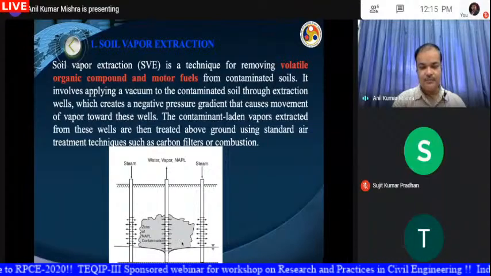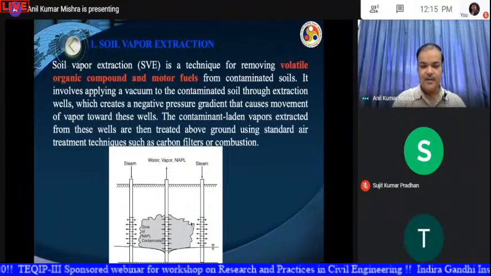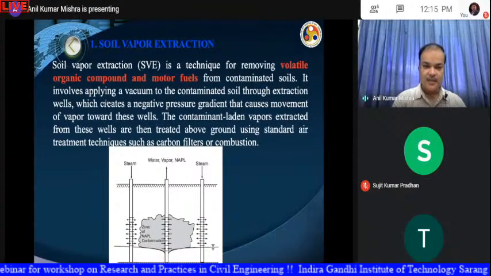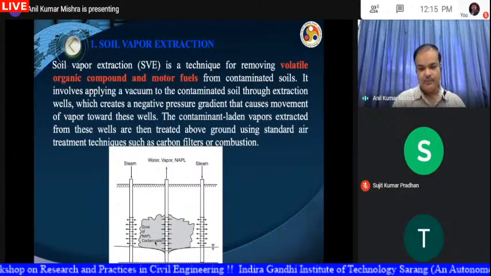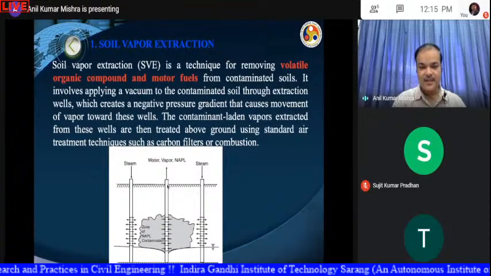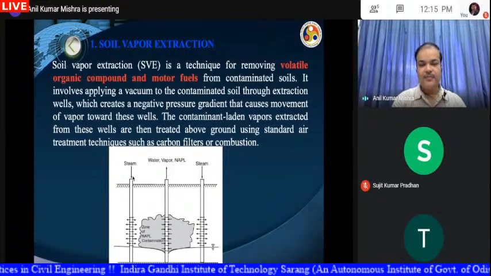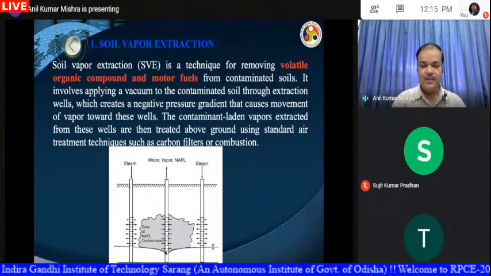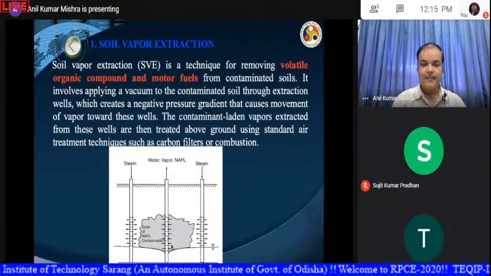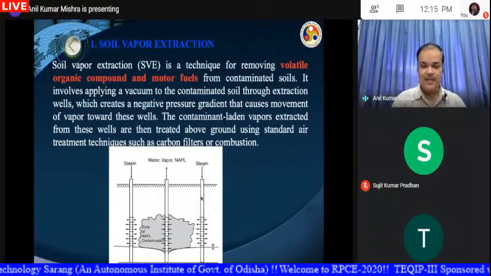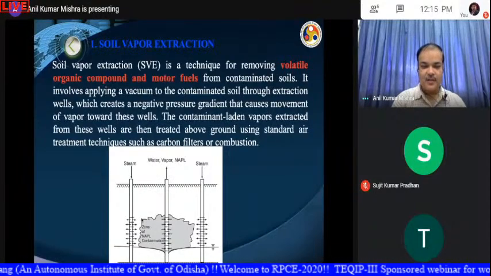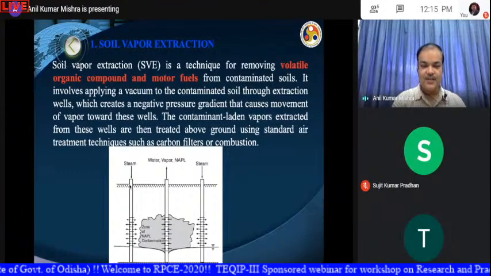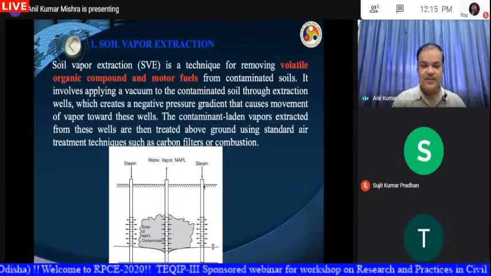Suppose this is your contaminated soil, contaminated with organic contaminants, say for example naphtha. And then the first thing is we need to dig a few wells. So one well will be within this contaminated zone and a few will be outside it. Now in this well, we have to inject steam of high temperature.